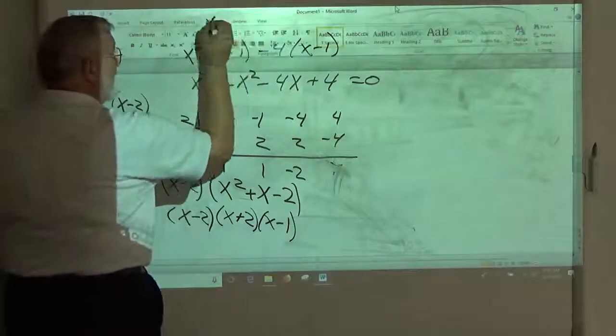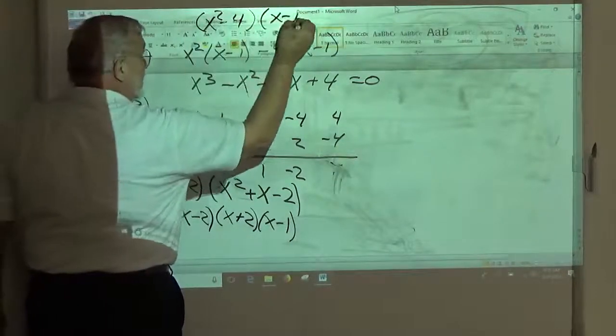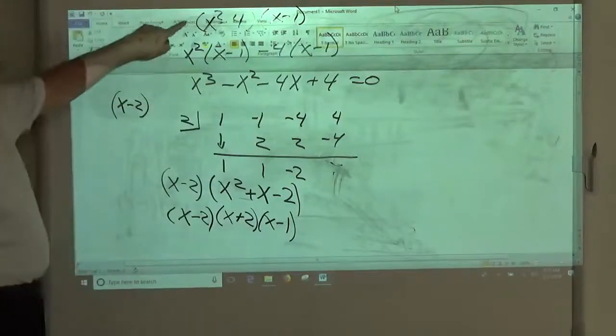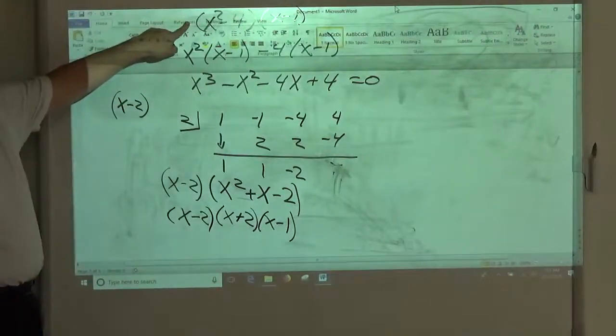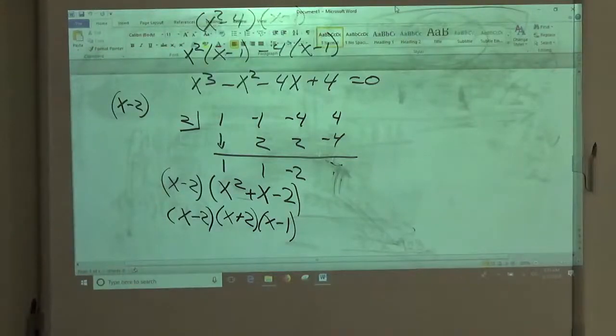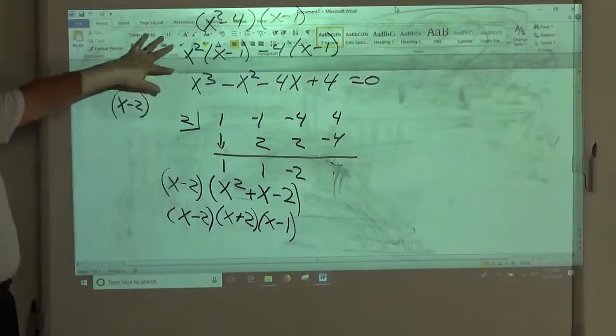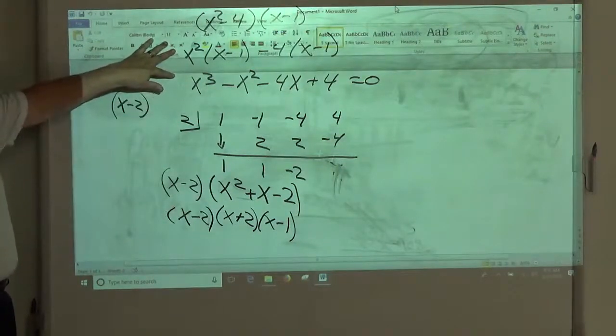So this is x squared minus 4 times x minus 1. And this is x plus 2, x minus 2, x minus 1. Now, which was faster? The synthetic division was a lot faster. So this was the old way.